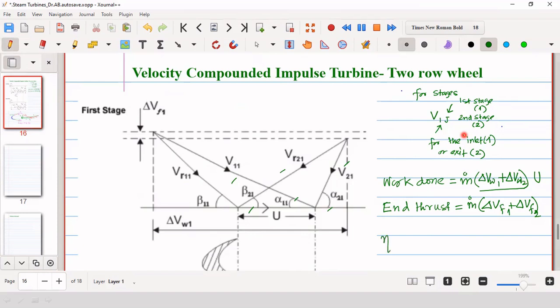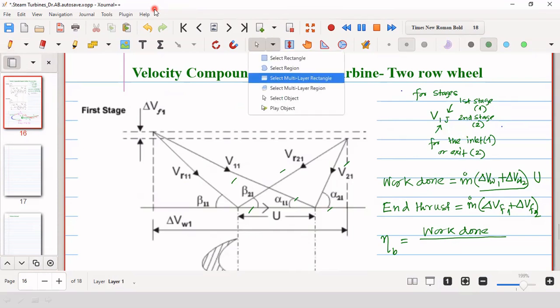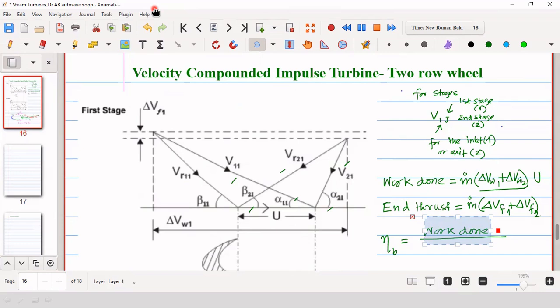So blade efficiency you can define as the work done on the blade, obviously, divided by the kinetic energy at the exit of the nozzle.